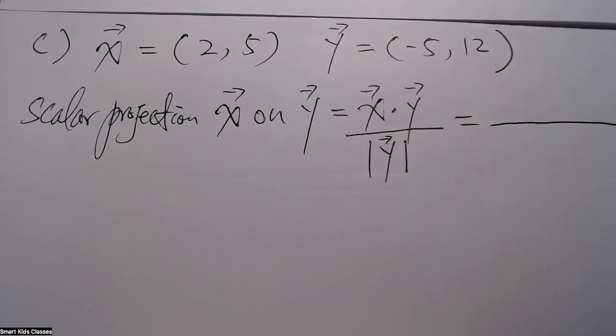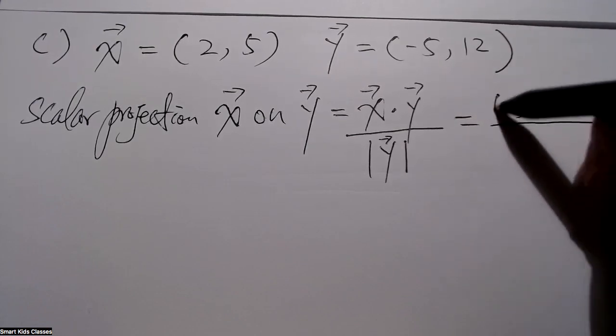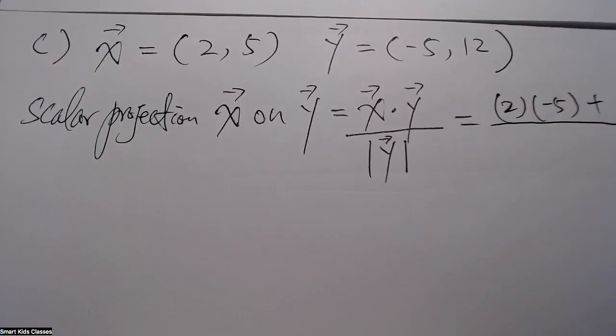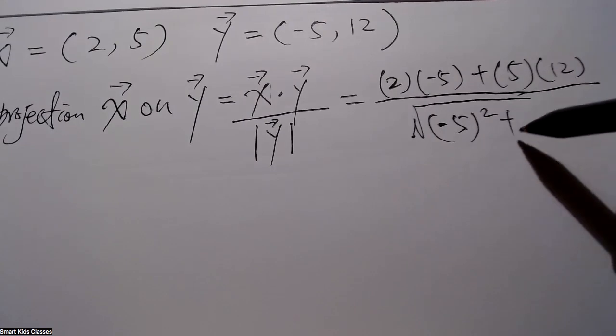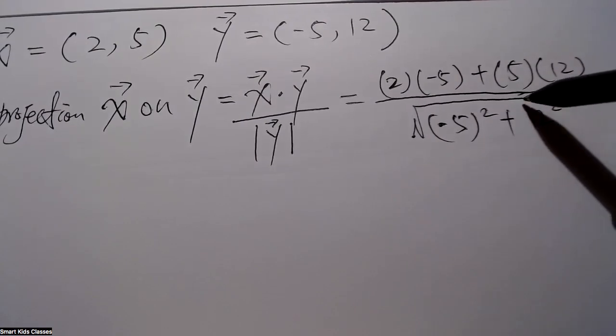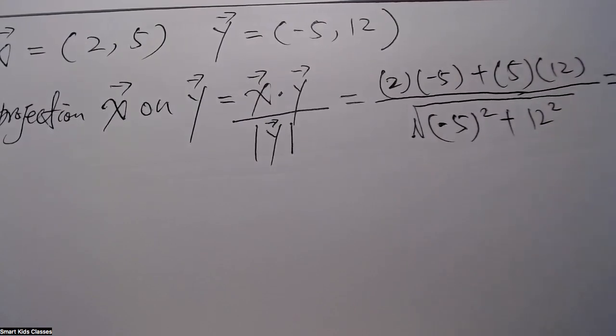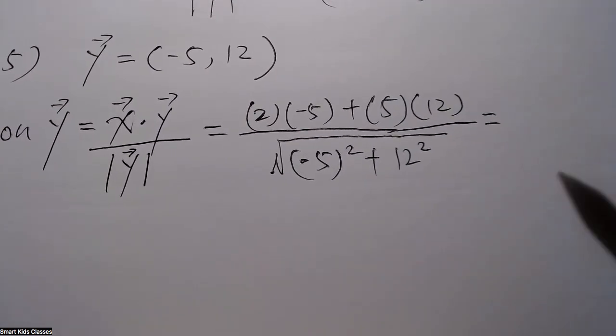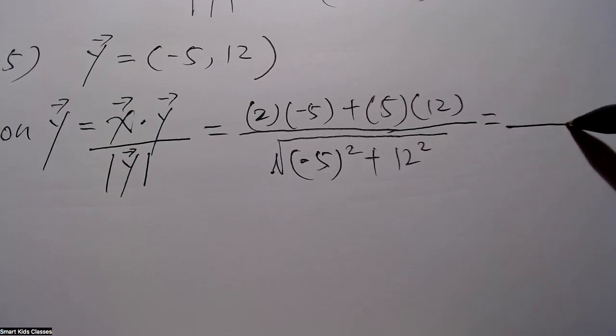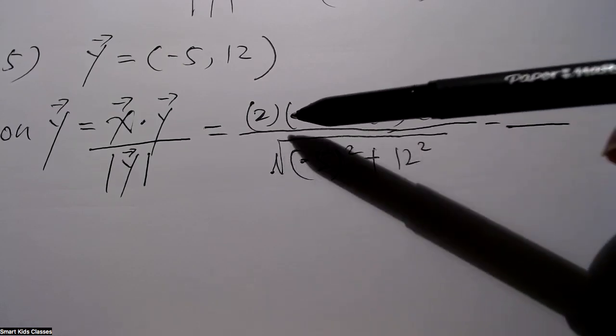We apply it: 2 times negative 5 plus 5 times 12. The magnitude of y will be the square root of negative 5 squared plus 12 squared. We apply the calculator.